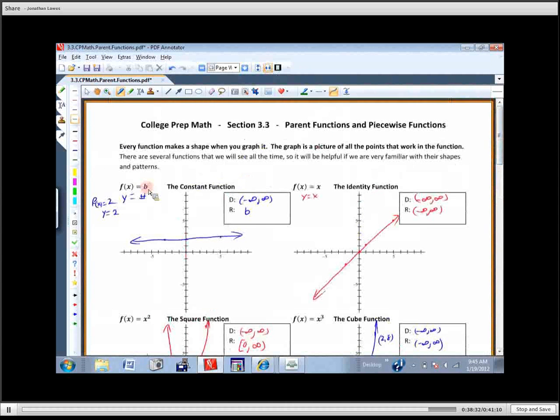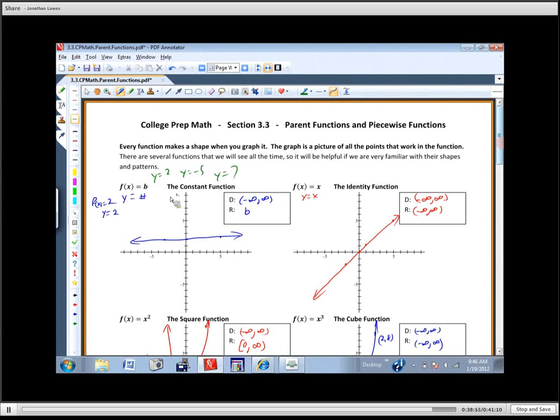So this can be any number we want. If this were y equals 2, y equals -5, y equals 7, whatever that number is, that is the constant. So the reason it could basically be any number is because it's the only thing that's replaceable by any number. Yeah, I suppose if you wanted to think of that.